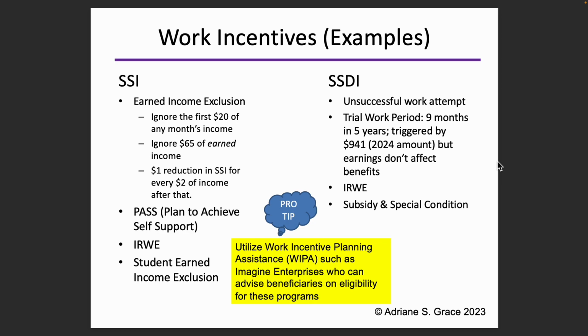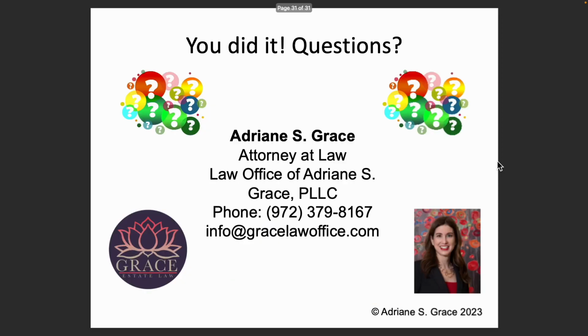It used to be Easter Seals, but during COVID I learned they changed the contract. It's called Imagine Enterprises. You can Google them. So if your child's gonna work, please reach out to them and schedule with a WIPA to understand if maybe your child could enroll in one of these programs. Okay.